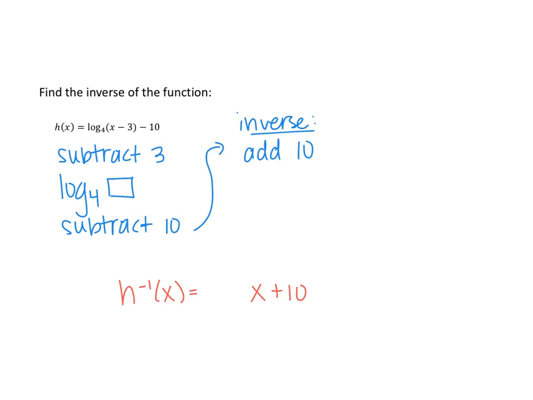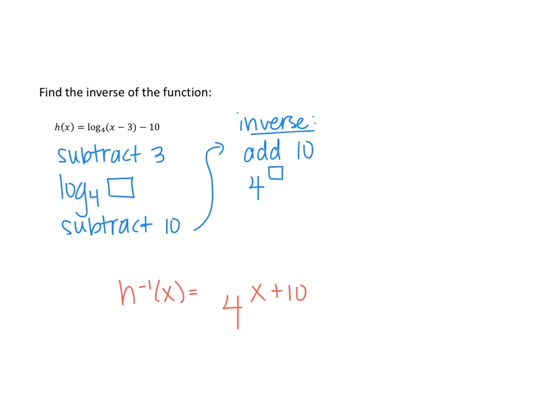Okay, I just got rid of subtracting 10, so now I want to do one step back and do the inverse of log base 4 of some number. And the inverse of that is a power with a base of 4 to whatever we have so far, 4 to that power. So far we have x plus 10, so then I would do 4 to the power of x plus 10.